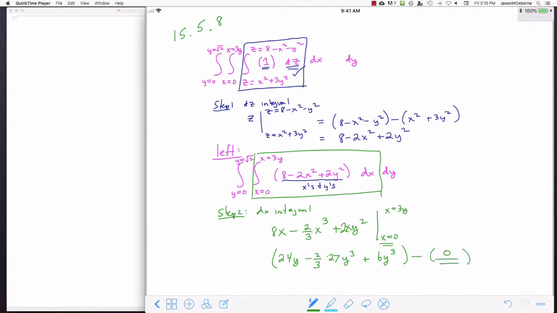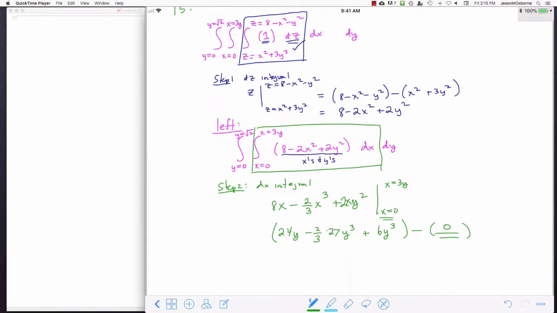Okay. So where do we stand on this one? 27 divided by 3 is 9. 9 times 2 is 18 y cubed plus 6y cubed. And that simplifies the inside integral to 24y minus 12y cubed.